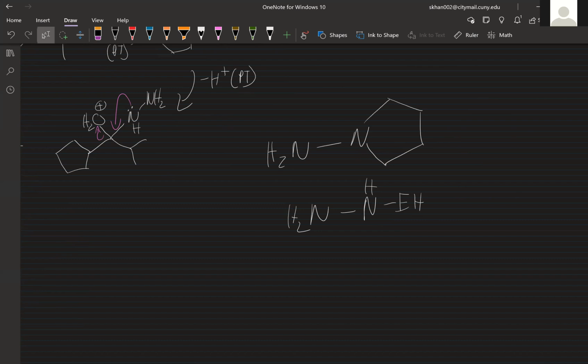Is it going to be, here I'll circle this, these orange portions or the other portions, the pink portions?